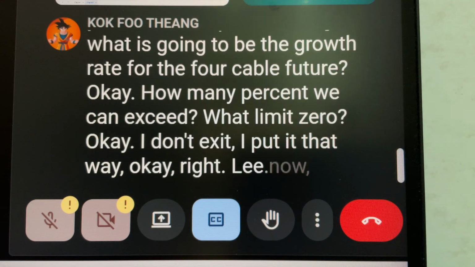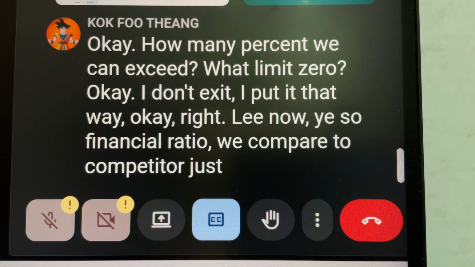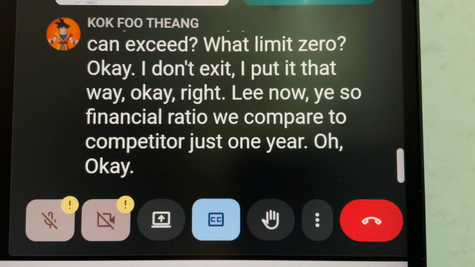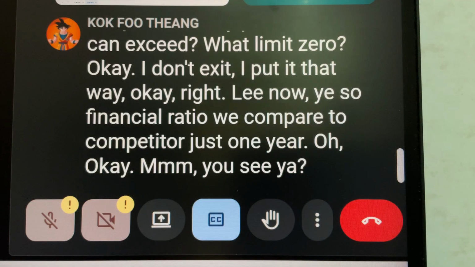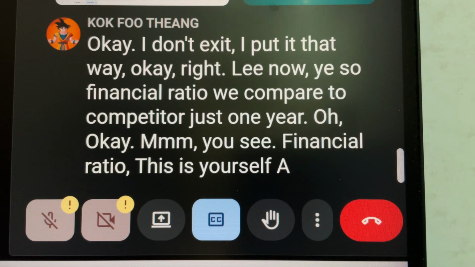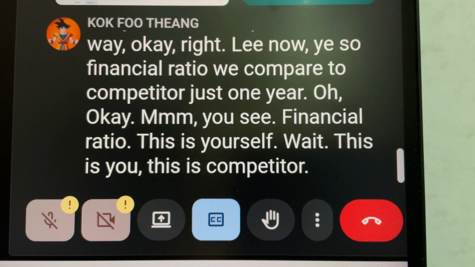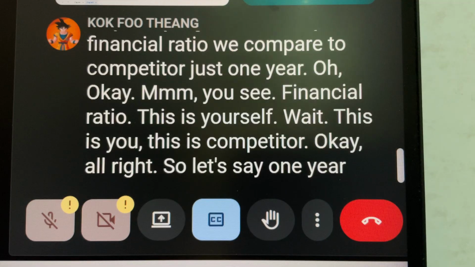Li Dao Yi, so financial ratio we compare to competitor just 1 year. Okay. You see, financial ratio, this is yourself. This is you, this is competitor. Okay, all right. So let's say 1 year, 2 years, 3 years, 4 years.